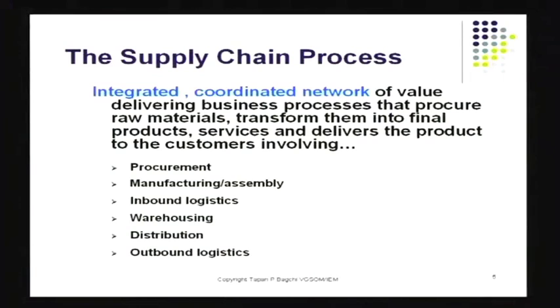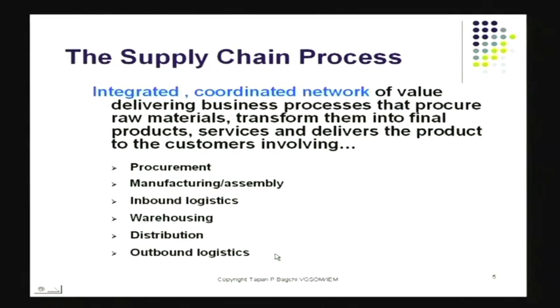Then, of course, you've got outgoing logistics, which is like shipping everything out, the finished product, to the customer, to the ultimate user. These steps: procurement, manufacturing, assembly, inbound logistics, warehousing, distribution, and outbound logistics. I should caution you, these are no more made in a silo manner.